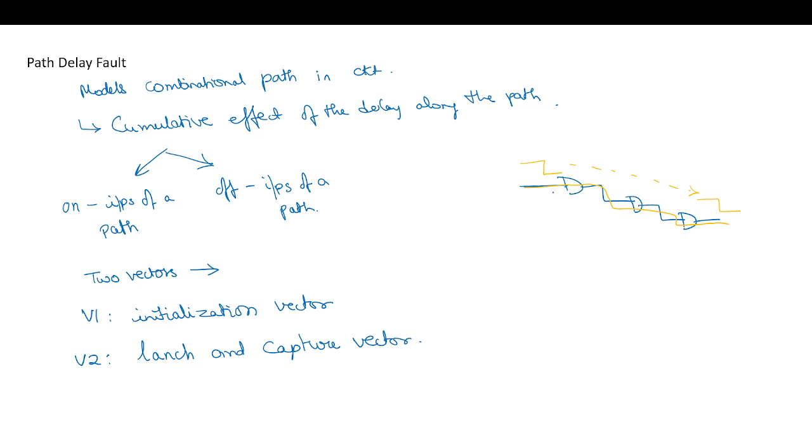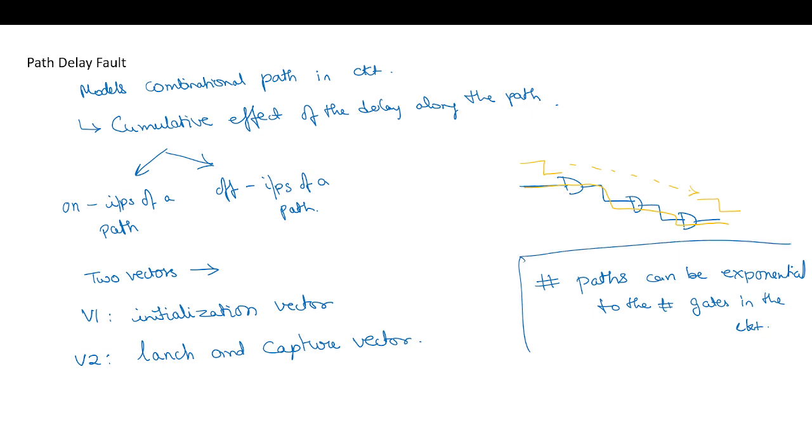Also, you can see that for any circuit, the number of paths can be exponential in the number of gates in the circuit. So for a circuit with n gates, if the number of gates increases, then the number of paths can increase exponentially.